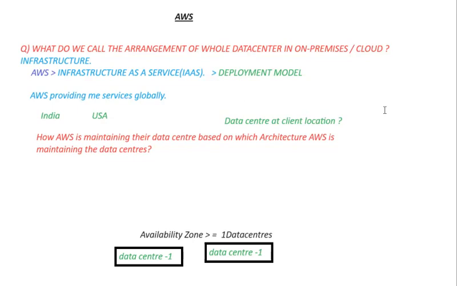We call it a server room, infrastructure, or data center. So can I call this data center my infrastructure? Yeah, I am able to call my data center as infrastructure.